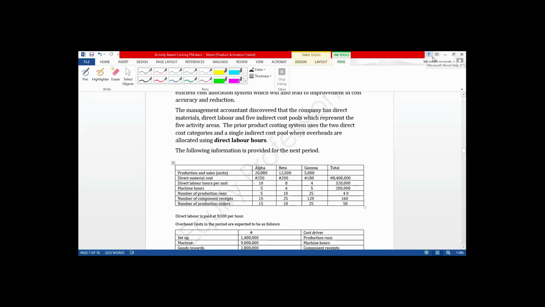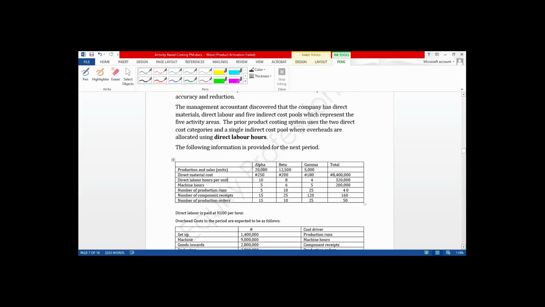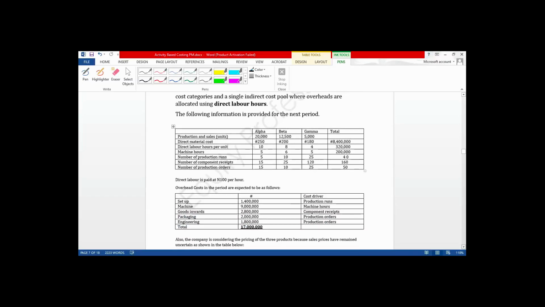Overhead costs in the period are expected to be as follows. Look at the overhead costs. We have set up overhead costs. Amount is 1.4 million. The cost driver is production runs. We have machine overhead costs.